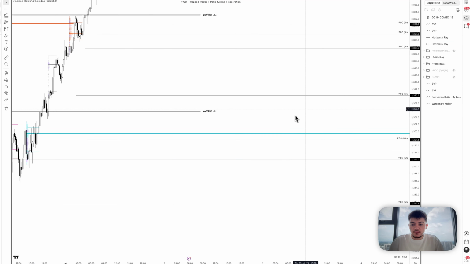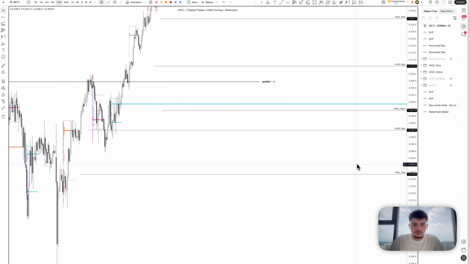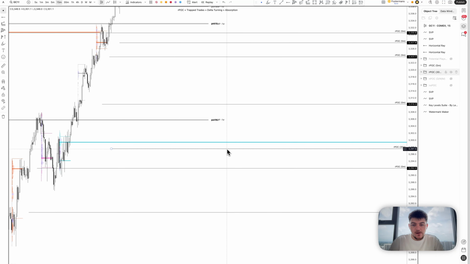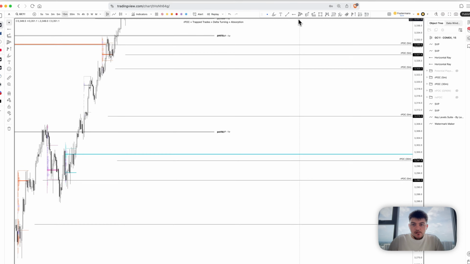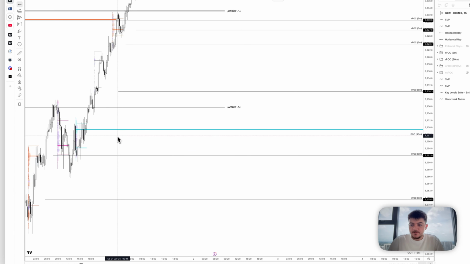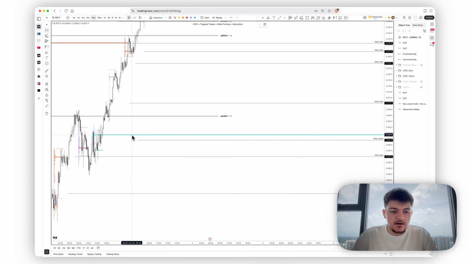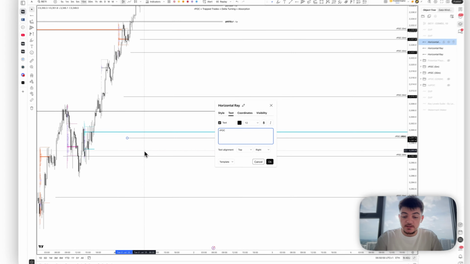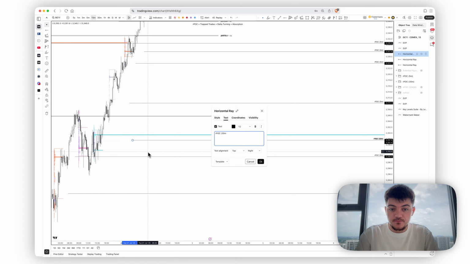I don't add these levels because it's still developing. Nice 2-pointer, right? I was going to mark it, but I checked and no, I'm not. So there's my POC and a New York POC.